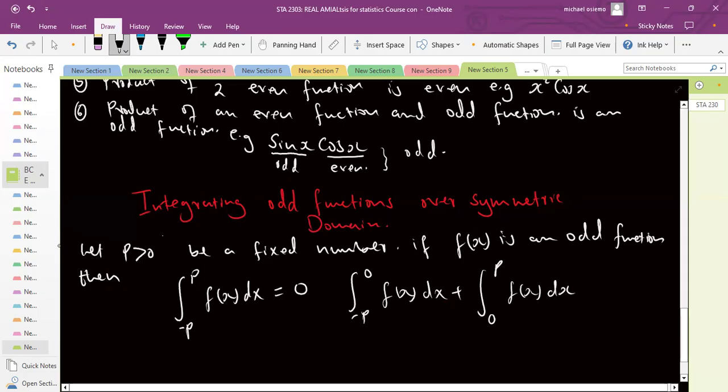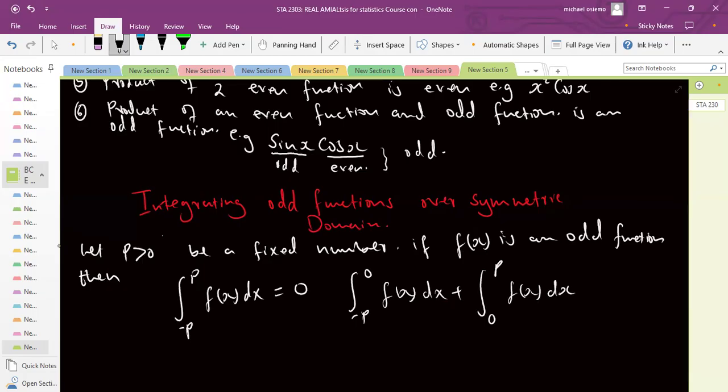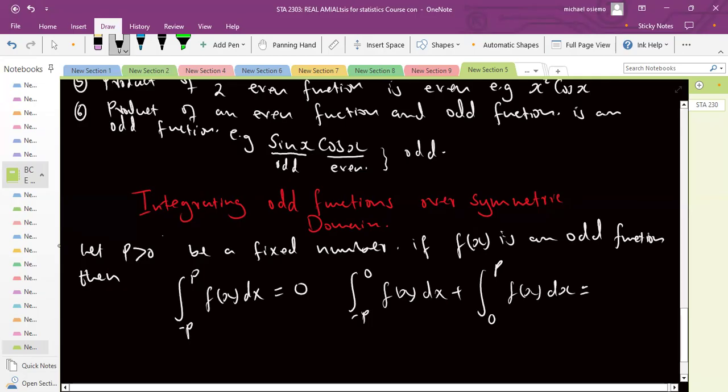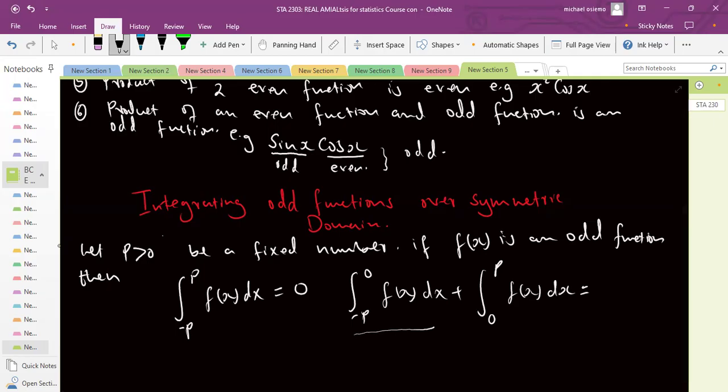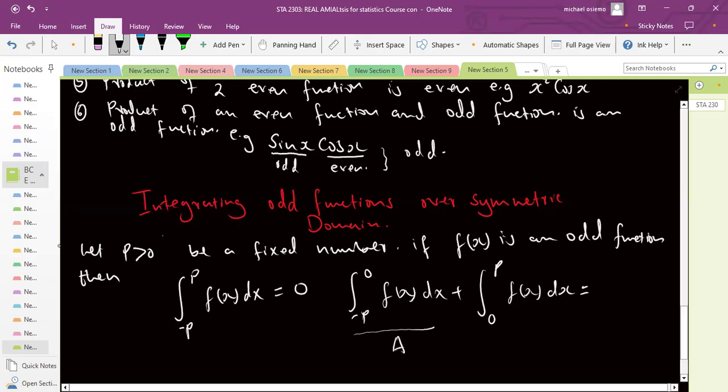The reason it becomes 0 is because it is symmetrical. You'll find that this part, the answer will be positive, for instance positive a. Then this part here will become negative a. So when we add the two of them, you'll end up getting 0 because the domain is symmetrical.